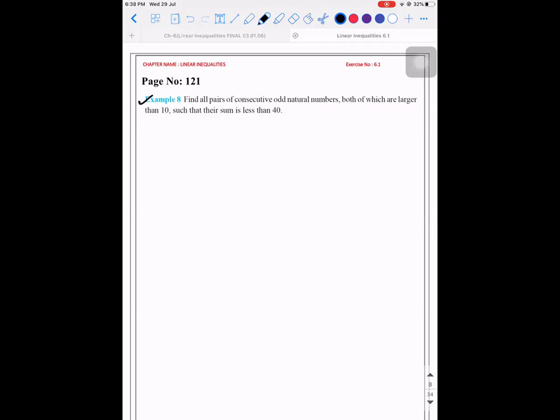Okay. So find all pairs of consecutive odd numbers, both of which are larger than 10, such that their sum is less than 40.